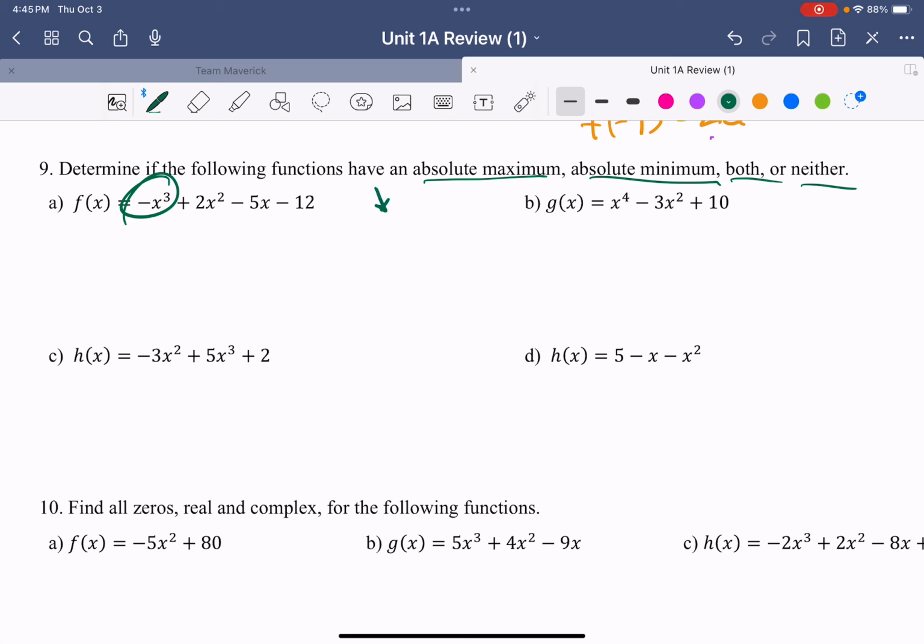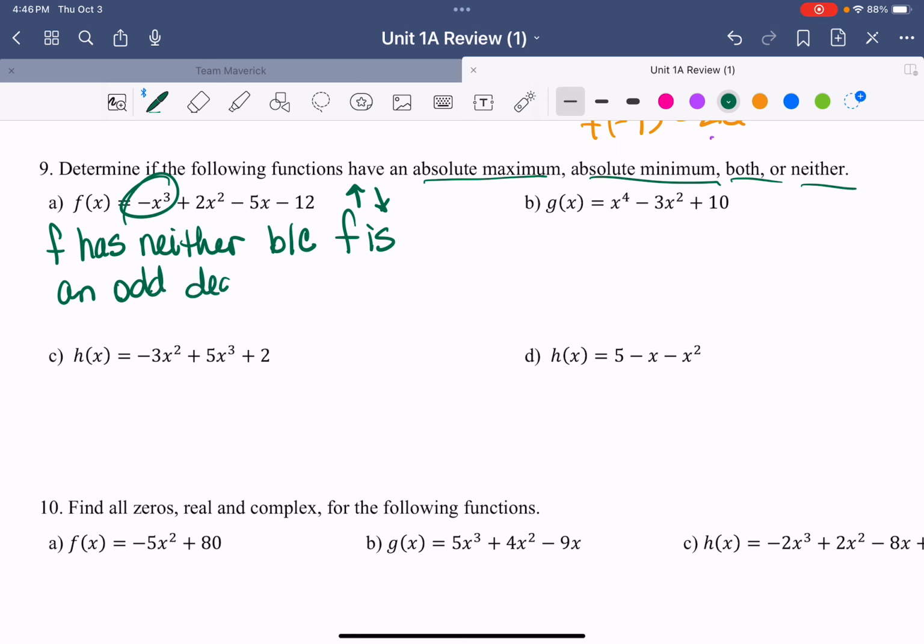It's an odd degree, so this is opposite. If I have an odd degreed function, I'm not going to have an absolute maximum or minimum. So I can say f has neither because f is an odd degree function.